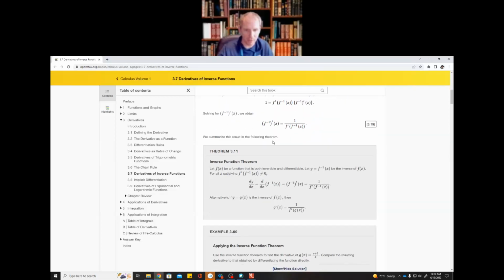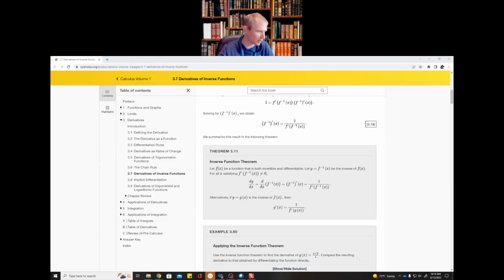And so we get this little inverse function theorem that if I have a function and I have its inverse, then the derivative of the inverse function is 1 over the composition, right? Of I plug the inverse into f prime. Okay. So this is what we want to use, I think, for these problems.